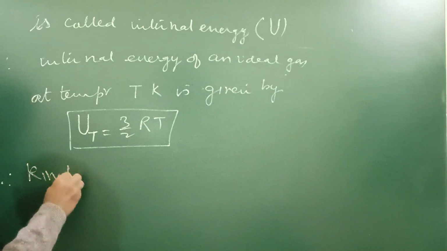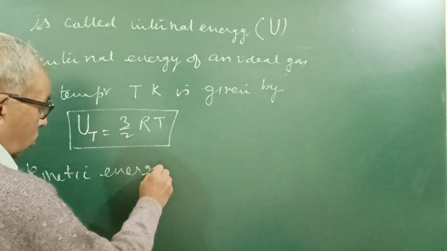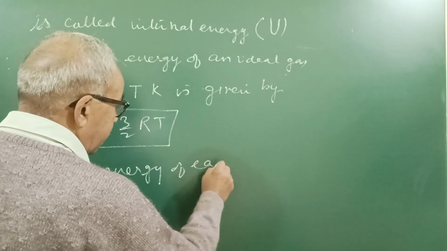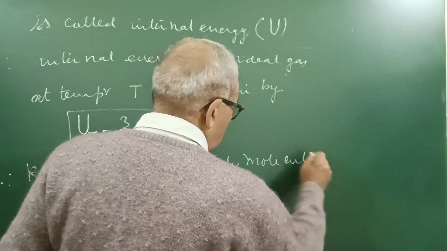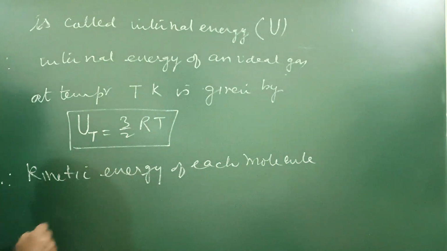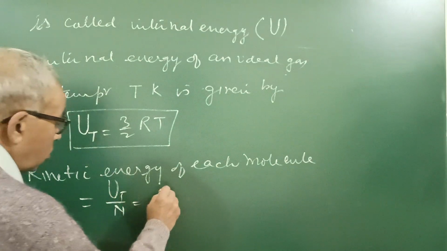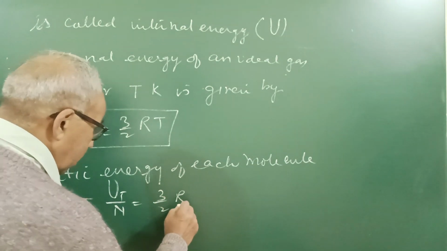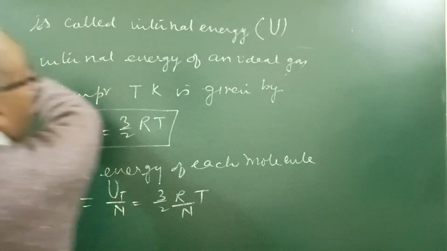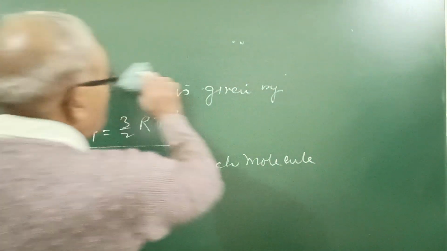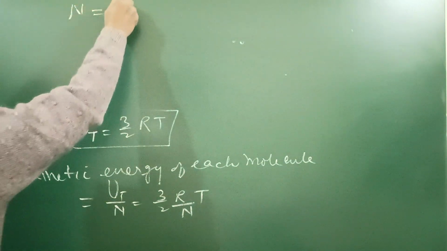Therefore the kinetic energy of each molecule is equal to U upon N equal to 3 by 2 R upon N T, where N is the number of molecules in 1 mole of gas, equal to the Avogadro number.